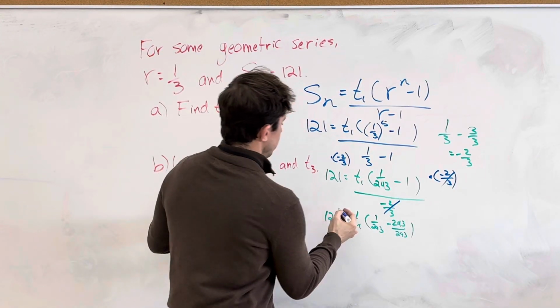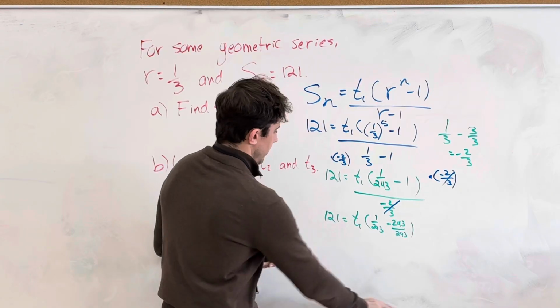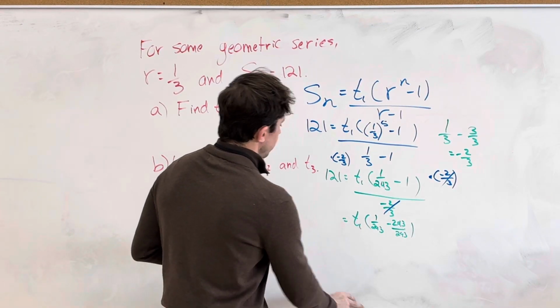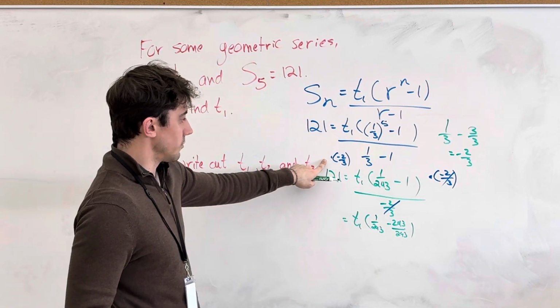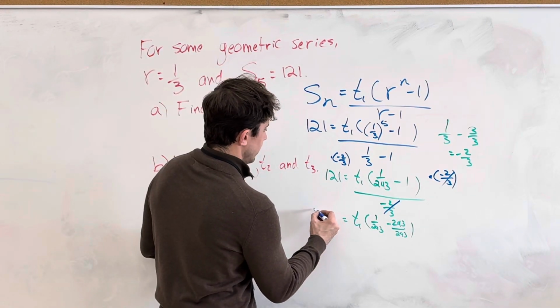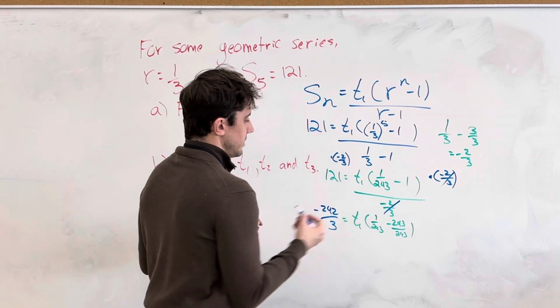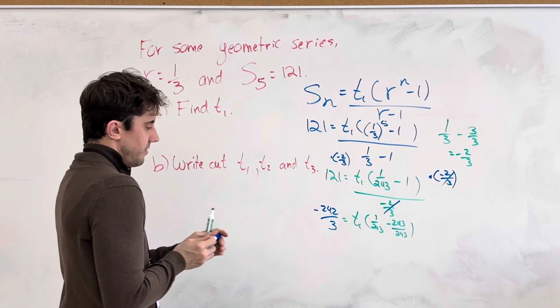In that case, let's evaluate the 121 times negative 2 over 3. We can't divide it by 3, so the best we can do is write it as negative 242 thirds, equal to all of that.